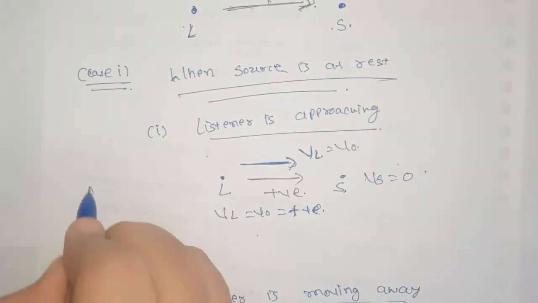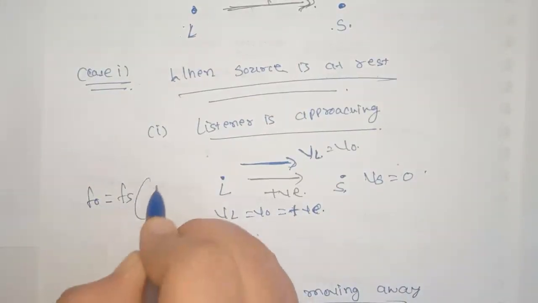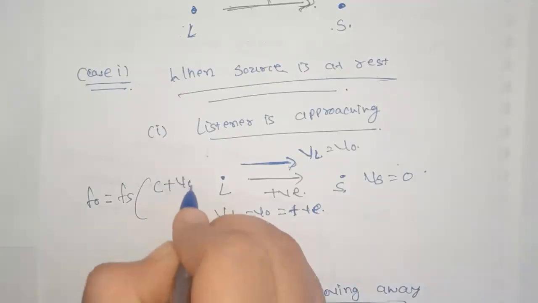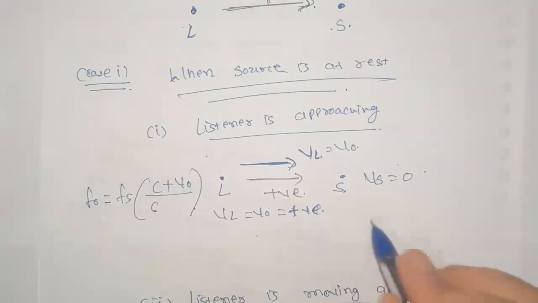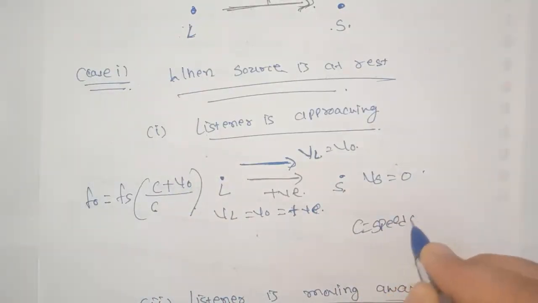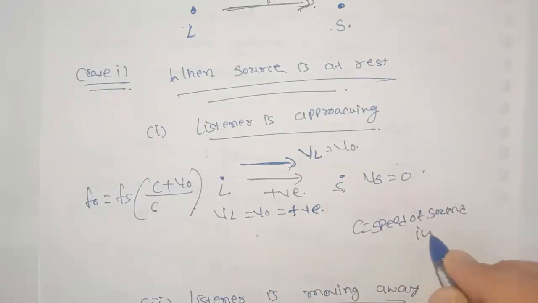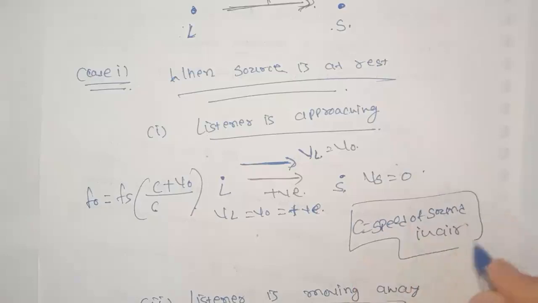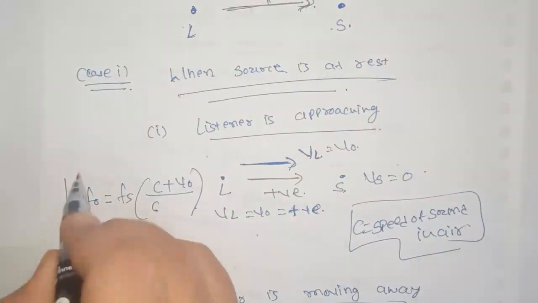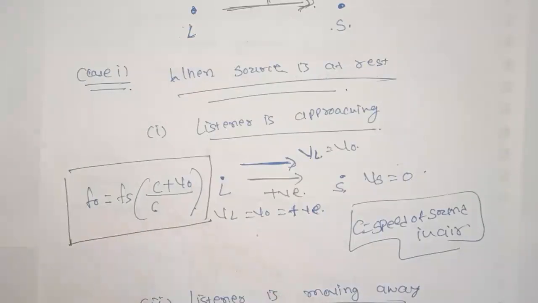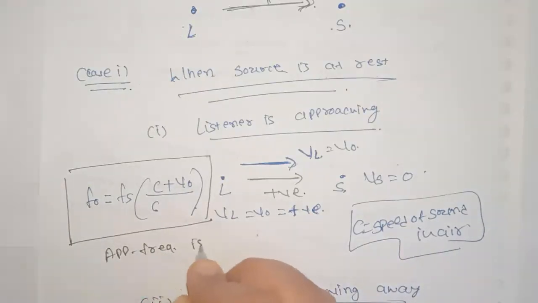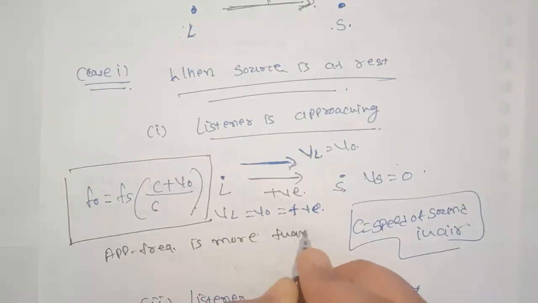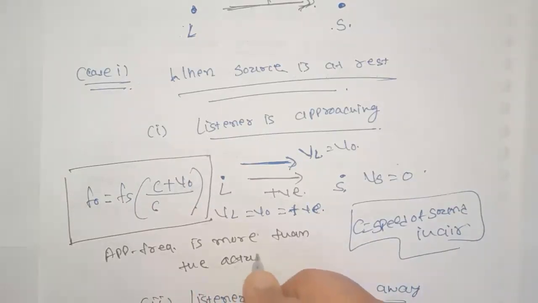So our formula will be Fo is equal to Fs into C plus Vo divided by C. Velocity of source is 0. Here C is the speed of sound in air. So this will be our formula. Here from this formula we can see that the apparent frequency is more than the actual frequency.